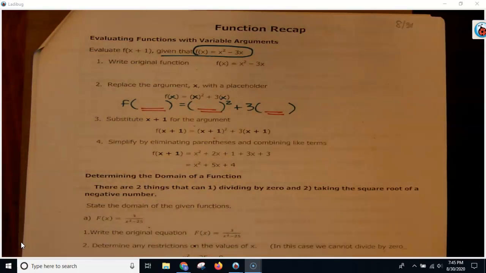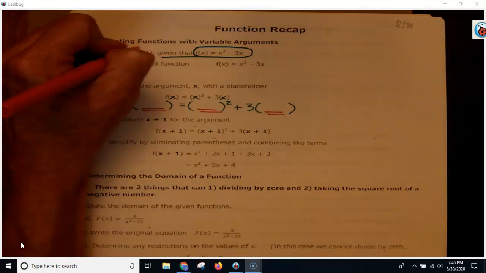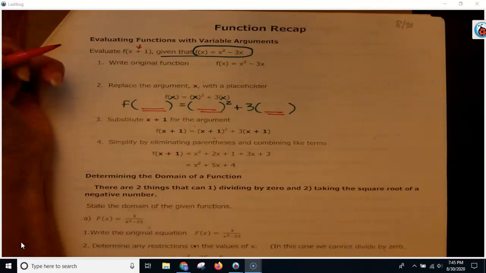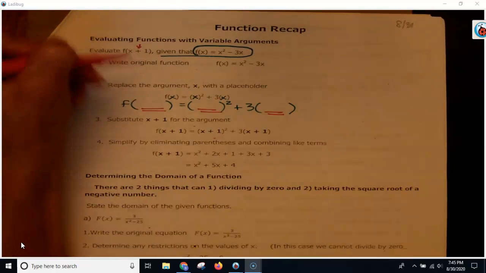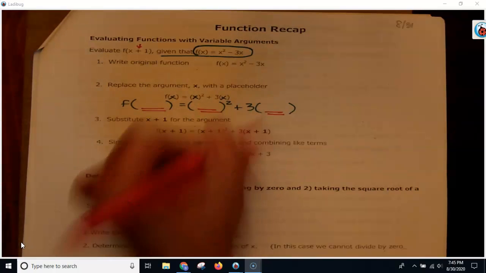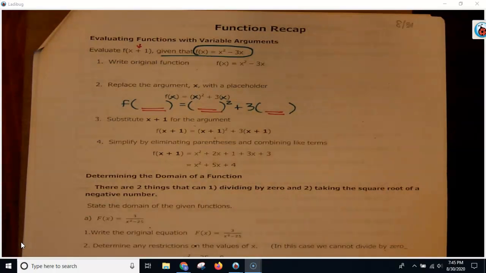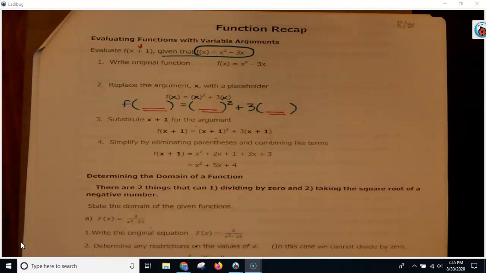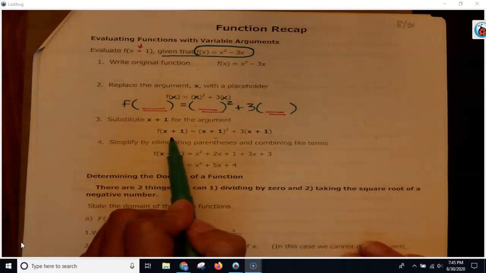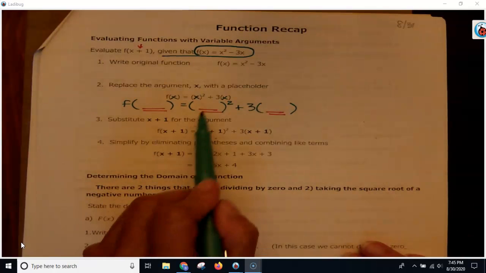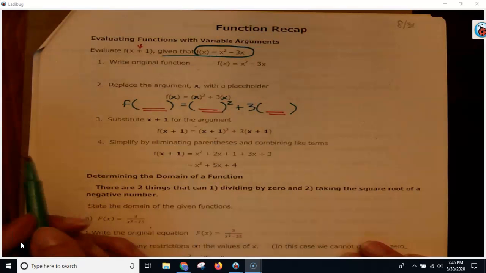Now, what they're telling us to do is evaluate it with this x plus 1. This x plus 1 is going in these placeholders where these used to be. So I'm going to substitute the x plus 1 everywhere that those were.